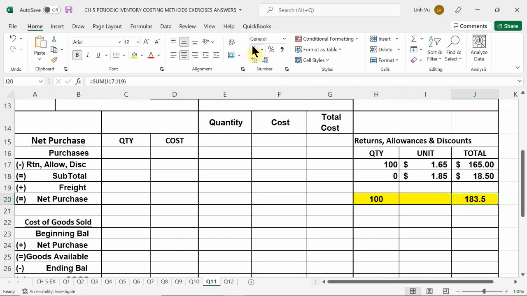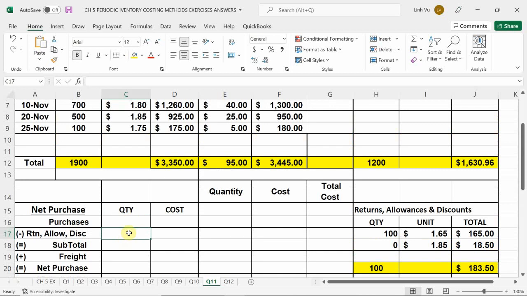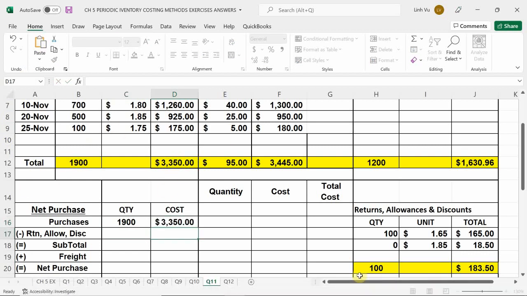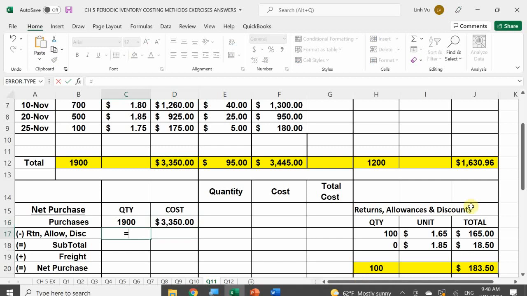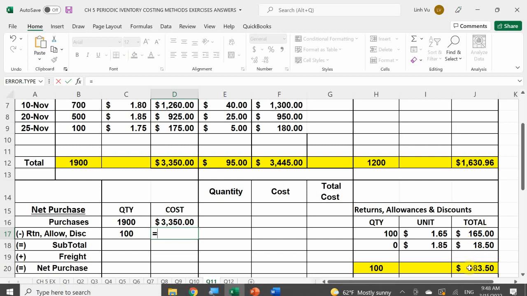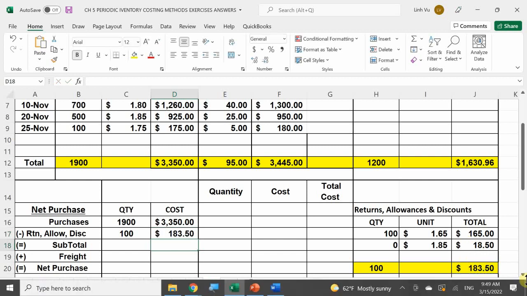So now let's go ahead and plug in our values into our worksheet right here. This column here is to solve for our total goods available. So I purchased 1,900 units at $3,350. I end up refunding 100 of those units for a total of $183.50.